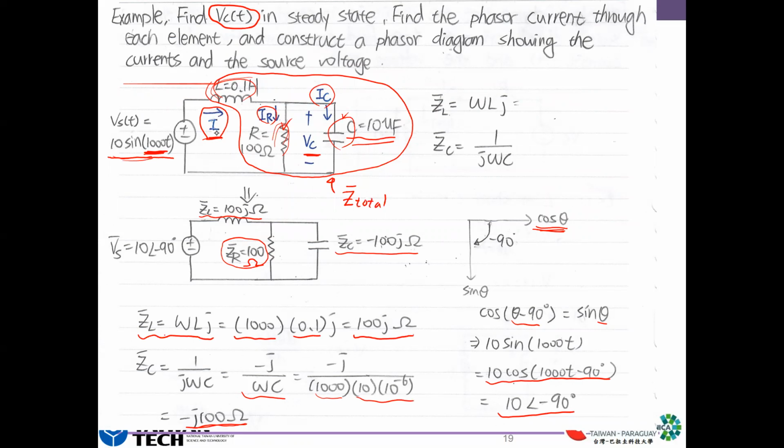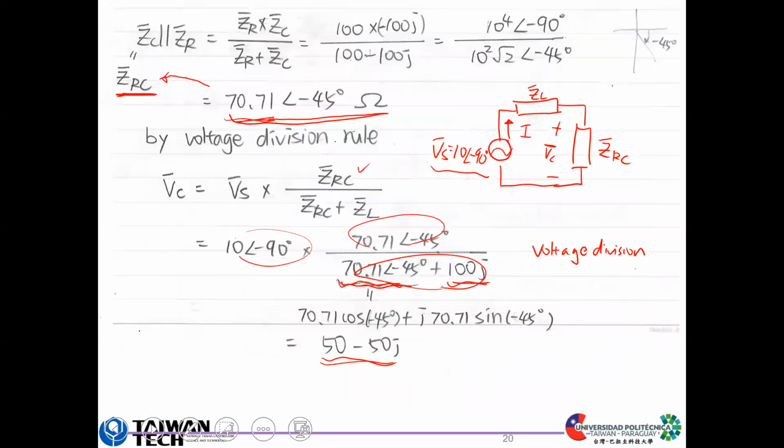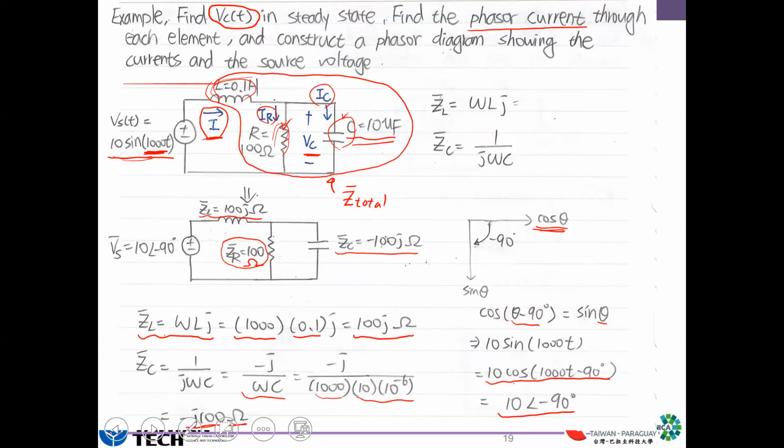We also want to calculate the phasor currents IR and IC, and because we know VCT, because we applied the voltage division rule in the very beginning, VCT is the voltage across this parallel configuration.